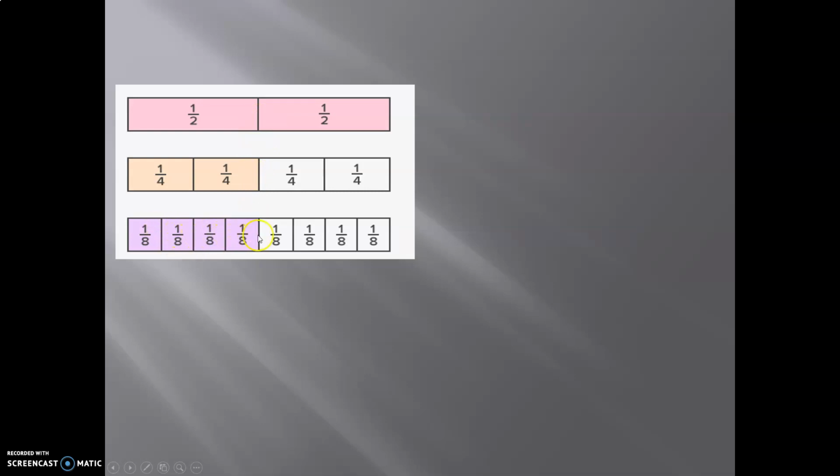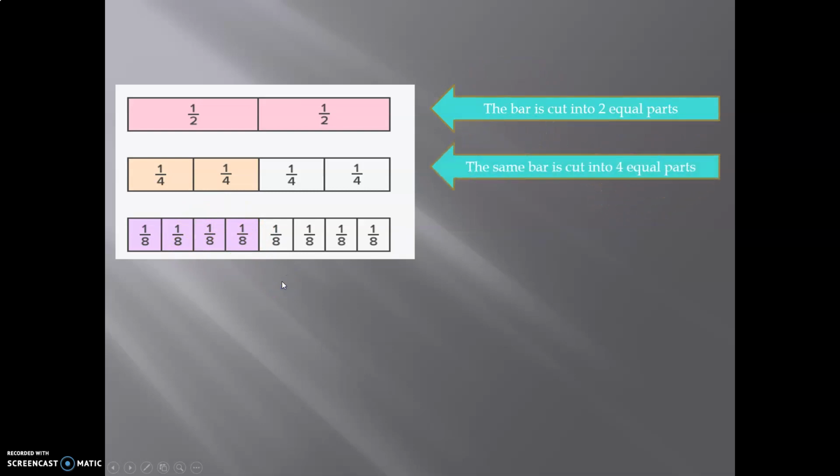So 4 out of 8 equal this half, or 4 out of 8 equal this 2 out of 4. In this case, I can say that this fraction is equivalent to these fractions. So let us see how to do it in a mathematical way.